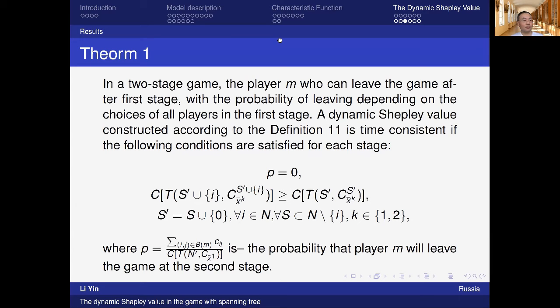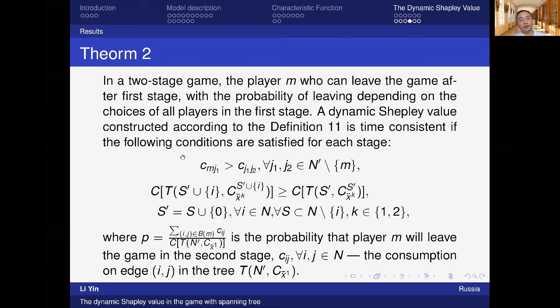In the first theorem, if in the game player M maybe leaves the game, and the game satisfies several conditions, then the dynamic Shapley value constructed according to before is time consistent.